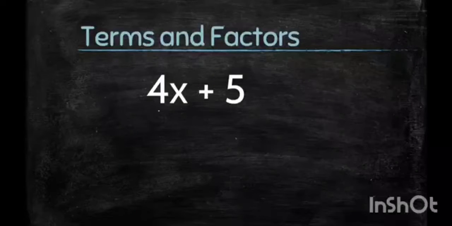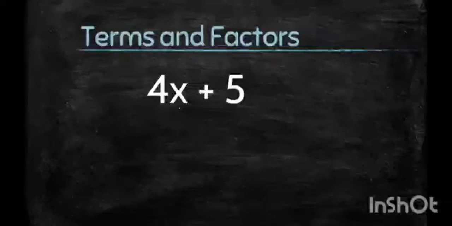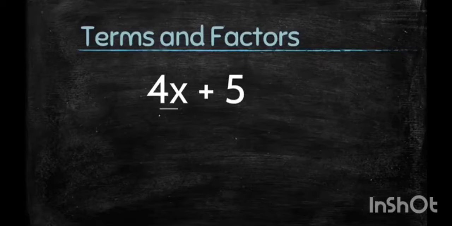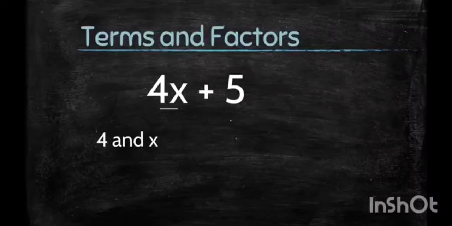Terms themselves can be formed as the product of factors. For this, consider the first term 4x. This term has two factors, 4 and x, while the second term 5 is made up of just one factor, that is 5.